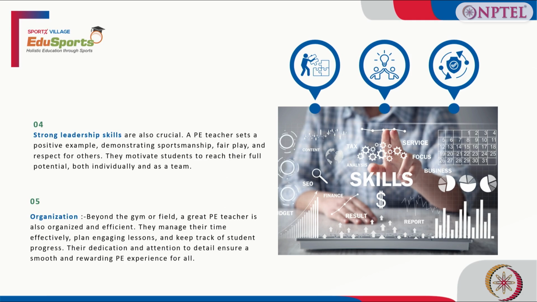Fifth quality is organization. It's a very important quality, especially from the perspective of class management. If you're organized, your children will also be organized. You will have to put in less effort and time to make them organized. And children learn by observation.